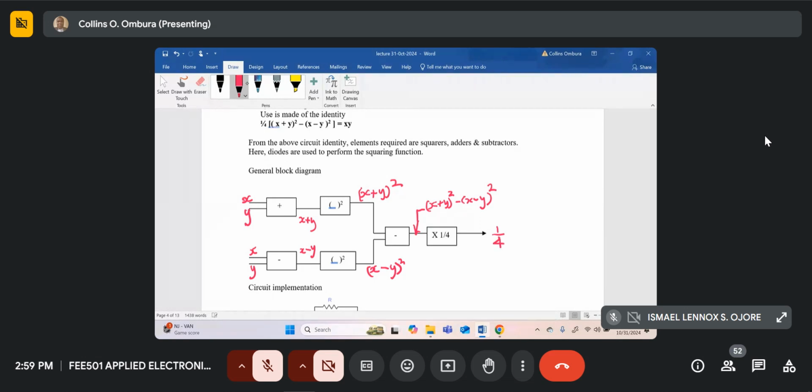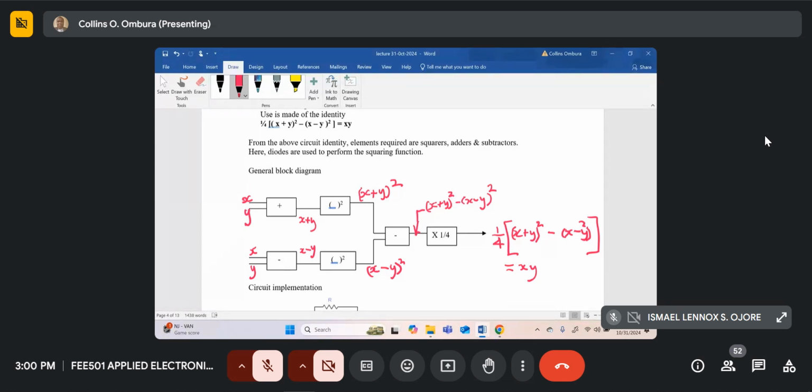So the output here will be 1/4 into x plus y all squared minus x minus y all squared. And if you look at this equation, this is actually equal to xy.